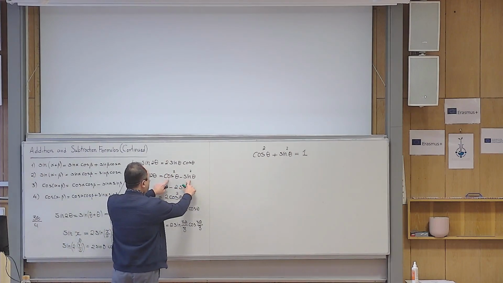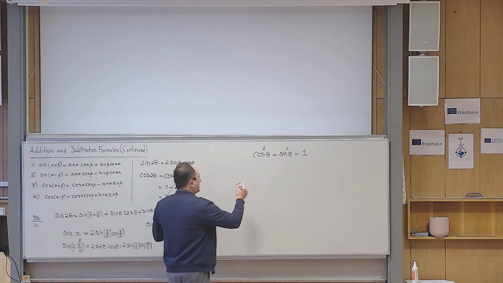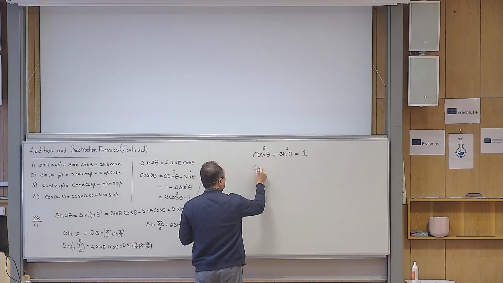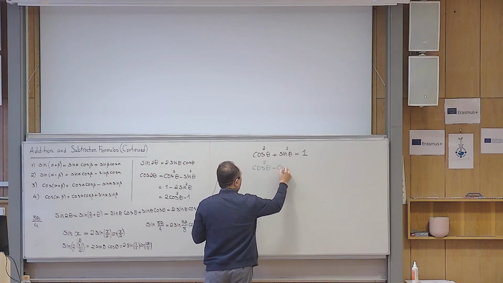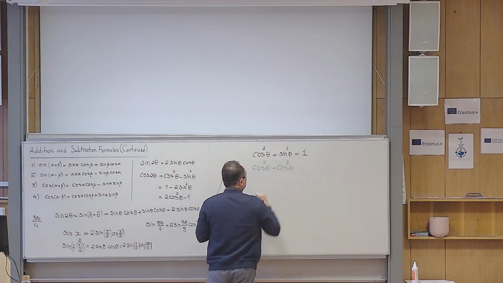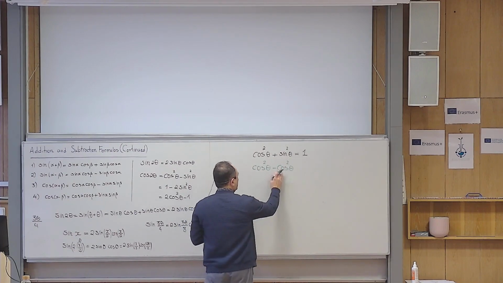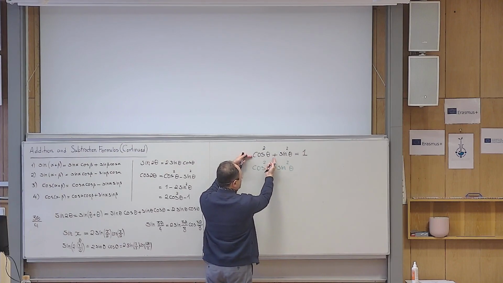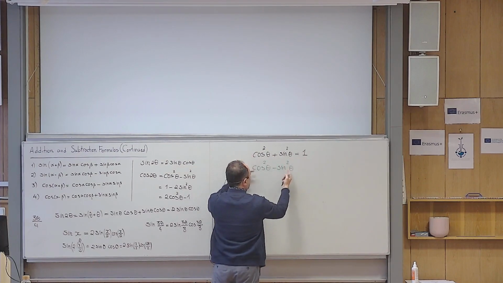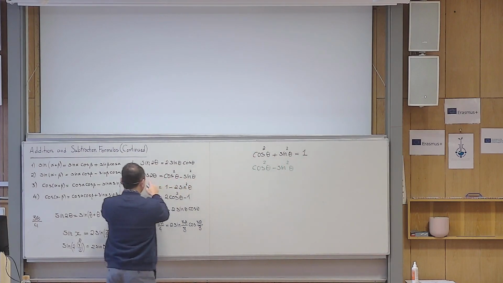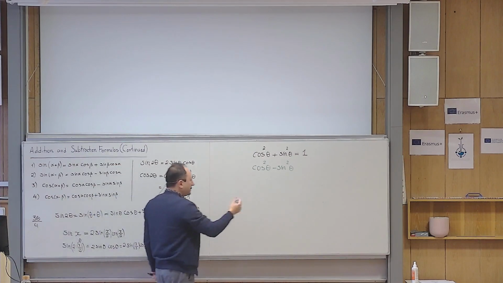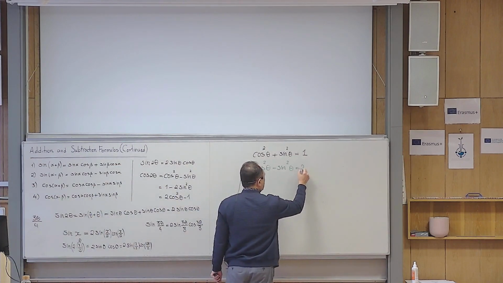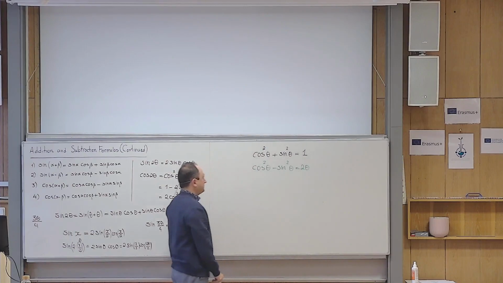If I write it in this order, let me change my color. So this was from the previous lessons, but let me write something here so that you can compare them. So what is the answer now? You see here, it is the same combination. If I have addition, the answer becomes 1. If I have subtraction, the answer becomes cosine 2 theta. Yes? It is good to have them somewhere so that you can compare the formulas.